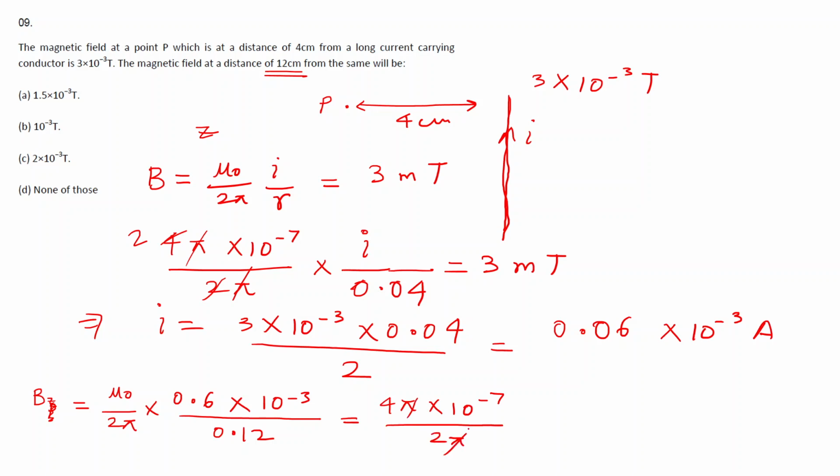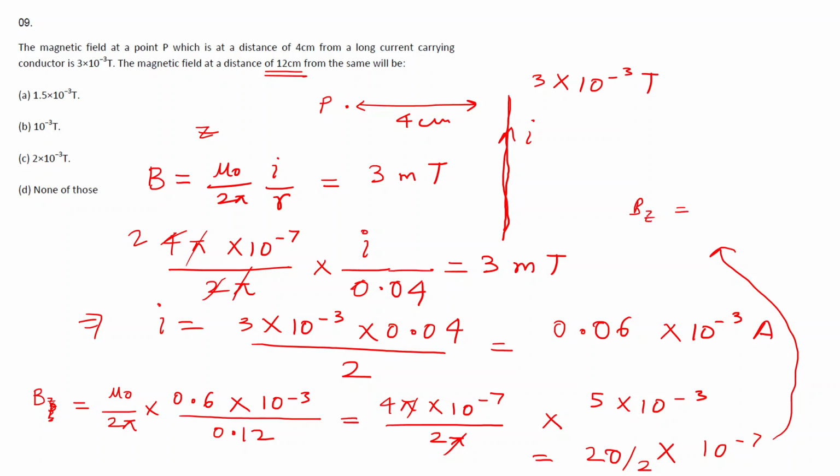So this will be 0.6 divided by 0.12 is 5, 5 times 10 to the power minus 3, 5 over 20, it will be 20 times 10 to the power minus 7, oh there is 2 also, so this is 10 times 10 to the power minus 7. Sorry, I don't have space here. So the magnetic field at Z point will be 10 times 10 to the power minus 7 Tesla.